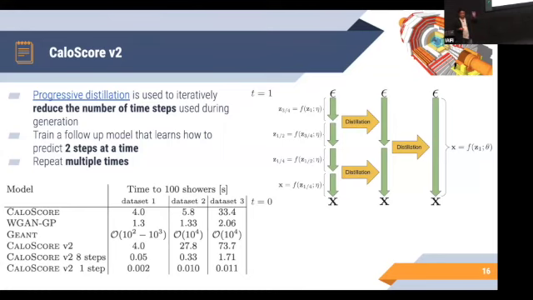That requires however many time steps you start with, let's say 4. After you train this diffusion model, you can train a second model, a student model, that learns with the teacher, this initial diffusion model. The idea of the second model is to learn how to interpolate 2 steps of the solver for the initial diffusion model.